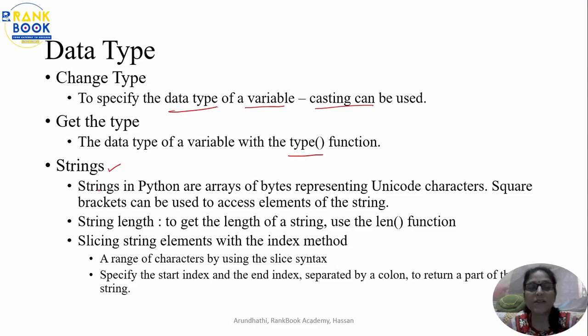In Python, strings are arrays of bytes representing Unicode characters, and square brackets can be used to access elements of the string. To get the string length, the len() function can be used to get the entire length of the string.